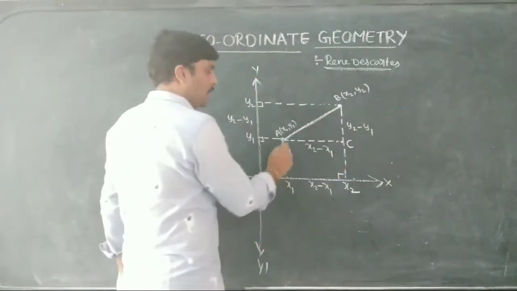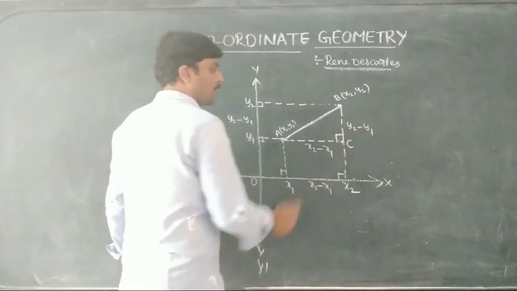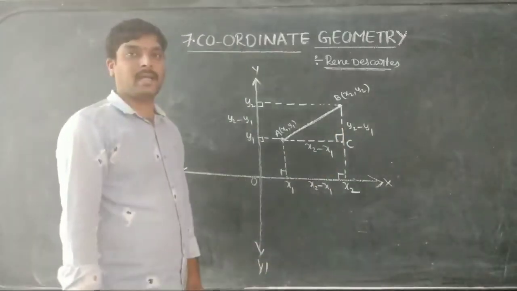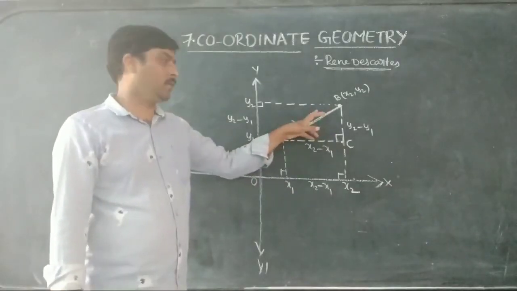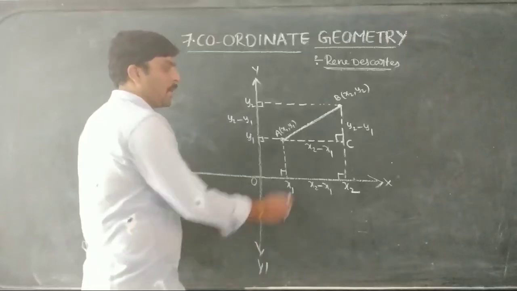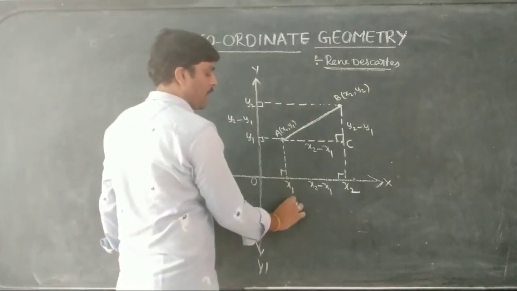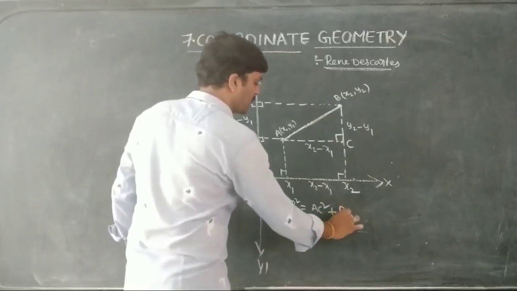Now you see ACB. It is a right angle triangle. Now you can find the distance between A and B. This distance we need to find. By the Pythagoras theorem, AB square is equal to AC square plus BC square.